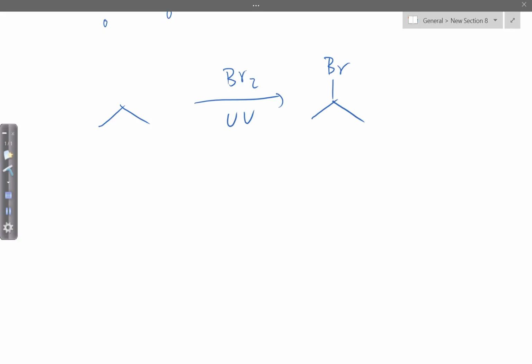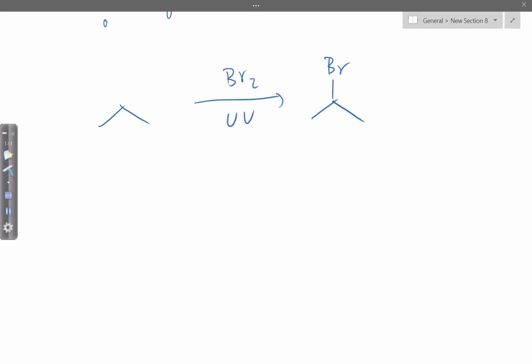So where else can I substitute? I can substitute here. Is it chiral or achiral? Does it have a mirror plane? Let's have a blue one connected here. I don't have a mirror plane, so this is chiral.